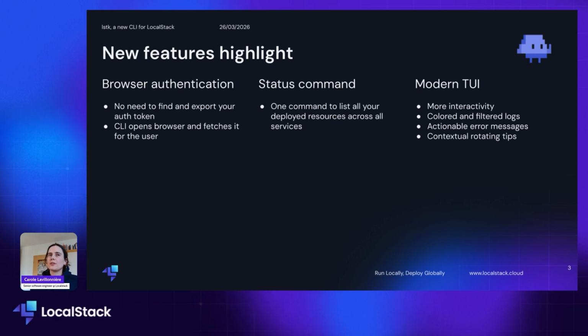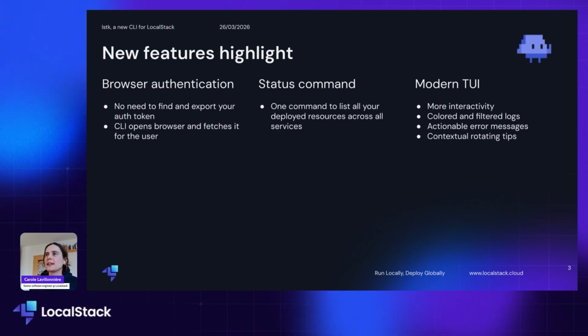We've worked on giving really actionable feedback. So say your Docker daemon is not running, you'd get a very clear message with a suggestion to actually solve that, and some rotating tips to help you get started very quickly and deploy your resources in your emulators.